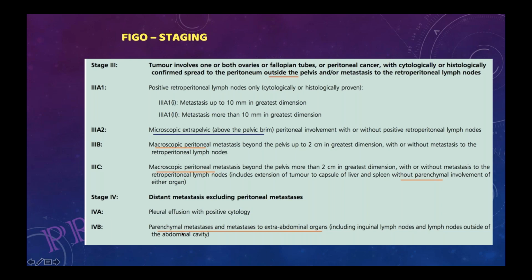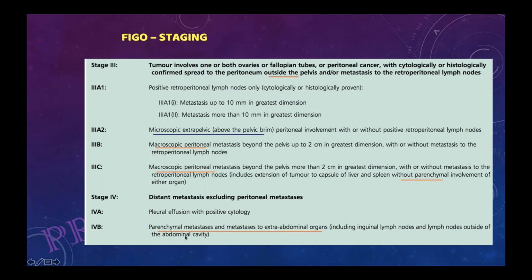And if intra-abdominal organs are also involved, so parenchymal metastasis, here you will find a question that liver and spleen parenchyma is involved. Answer will become 4B. This is parenchymal metastasis. Apart from this, just remember inguinal lymph nodes and lymph nodes outside of the abdominal cavity.